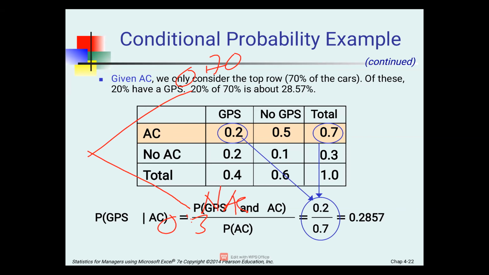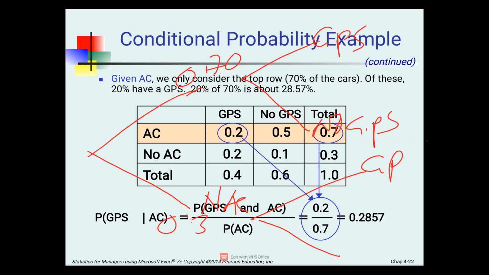Then for these people who do not have air condition, they can branch into having GPS or no GPS. Even this side, GPS or no GPS. So let's start.